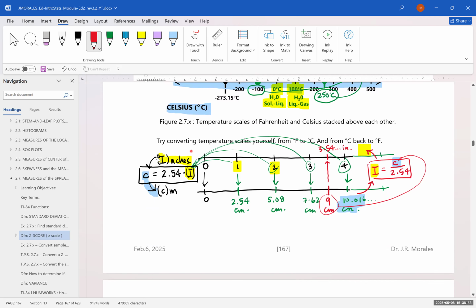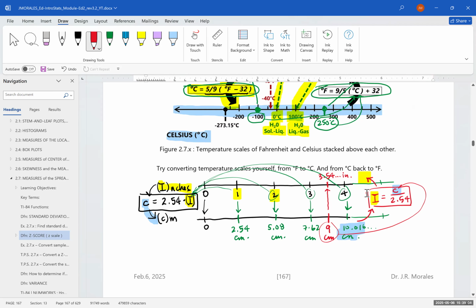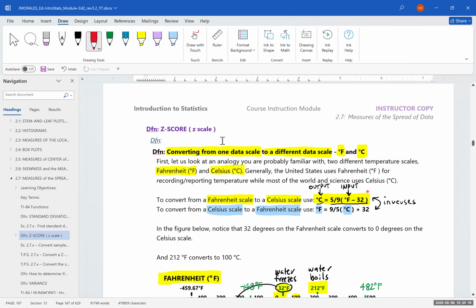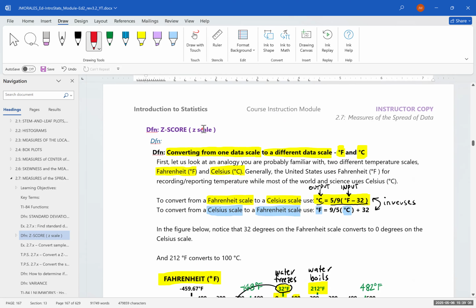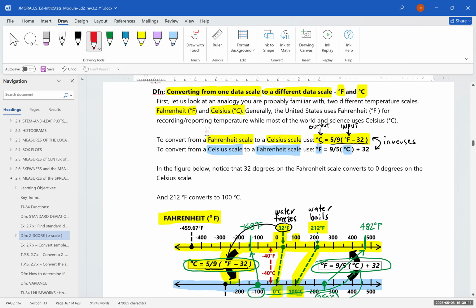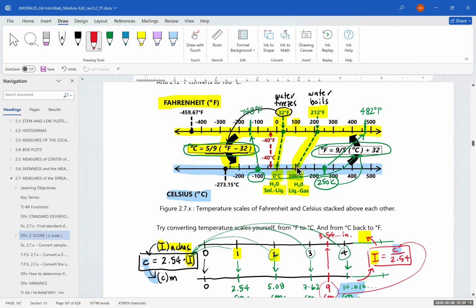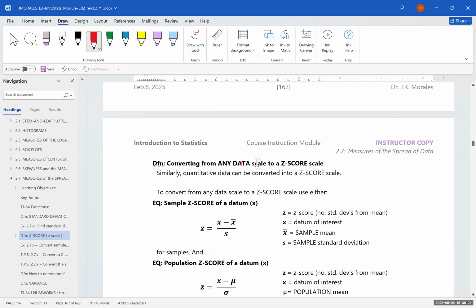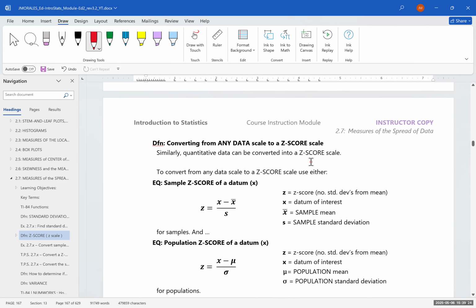But if you haven't, you've probably converted things from inches to centimeters. This is a basic setup for converting between two different scales, and that's all we're doing with a z-score and a z-scale. So keeping this idea in mind, let's see how that figures into converting any data scale to a z-score.